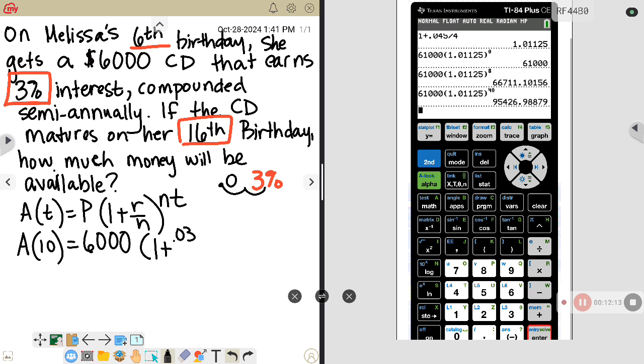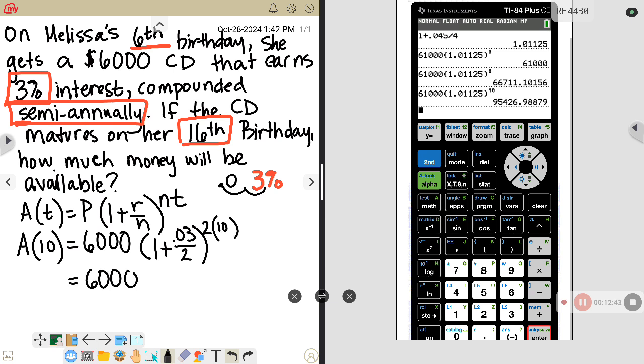So there's my R over the N. The N is the number of times it's been compounded per year, and if it is semi-annually, it's compounded twice a year. So that would be a 2. The N up here is also a 2, and then again, the number of years will be 10. So let's see what's inside that parentheses.